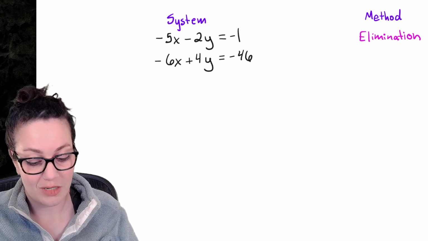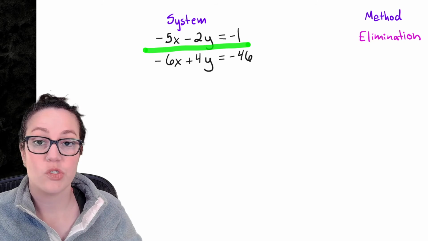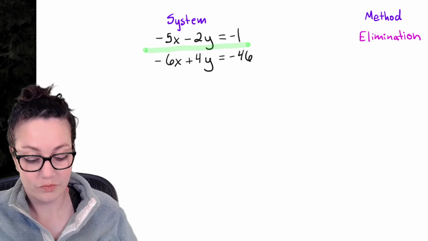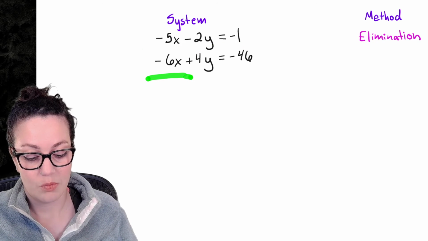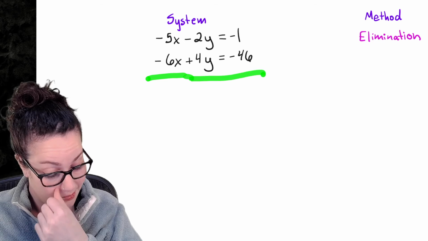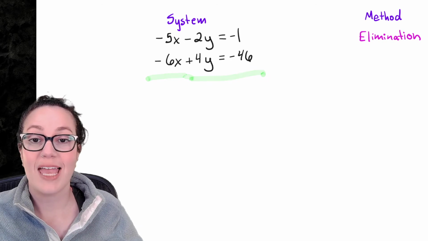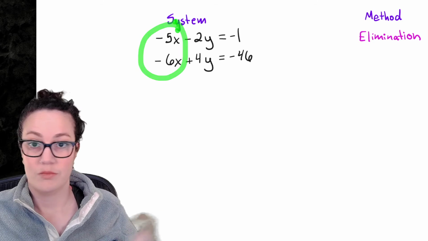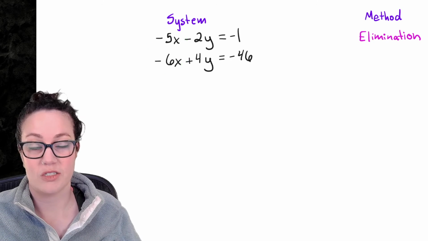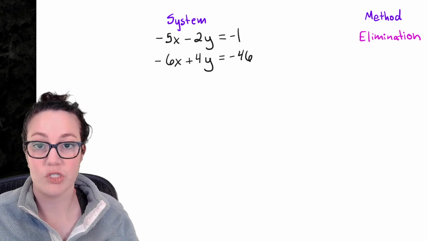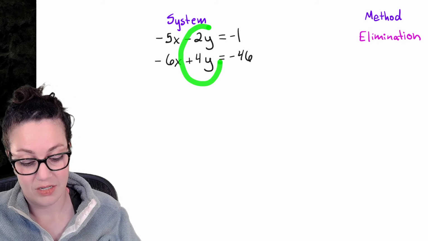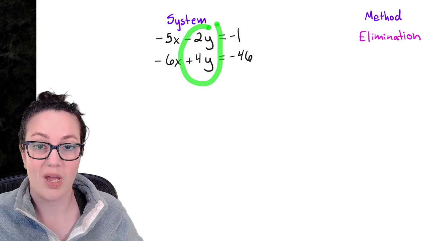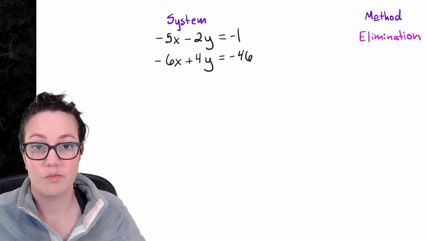But in this system, negative 5x minus 2y equals negative 1, and negative 6x plus 4y equals negative 46. I don't see any opposite coefficients. Negative 5 and negative 6, well, they're not opposites. It's not the same absolute value with different signs. The negative 2y and the positive 4y, those aren't opposites either.